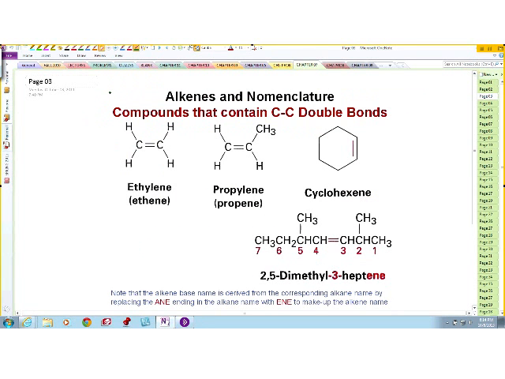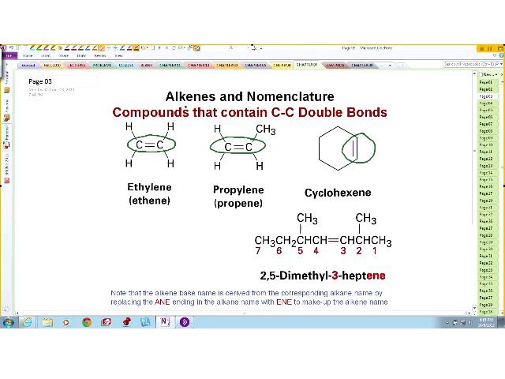Okay, so the question we want to ask ourselves is, what are alkenes? As you can see here, alkenes are those organic compounds containing carbon-carbon double bonds.